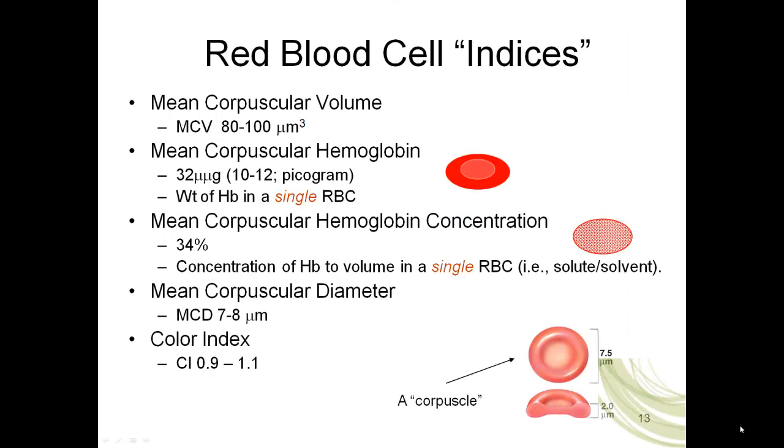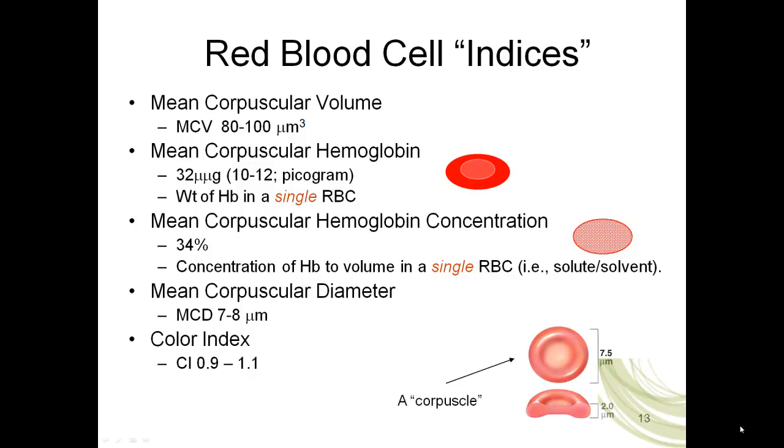Now, the other red blood cell indices that I want you to know are the following. Mean corpuscular volume, or MCV. There is a range again for this normal, for the volume of a red blood cell. That's what I'm referring to. MCV is the volume of a single red blood cell.